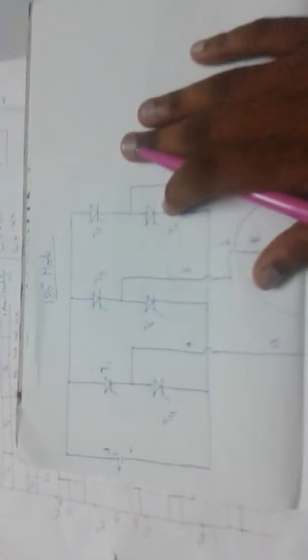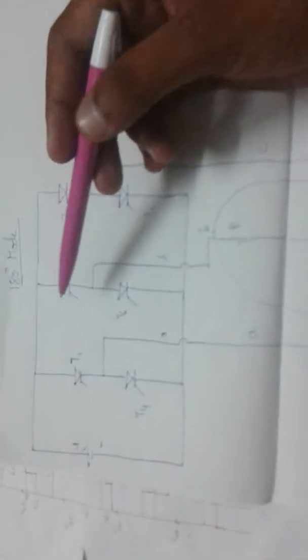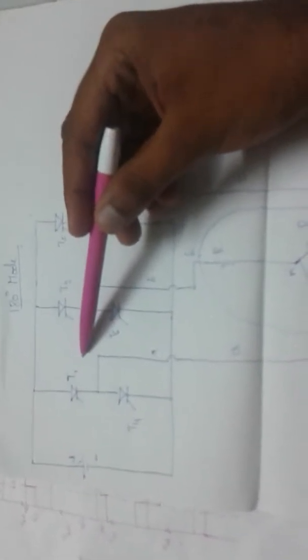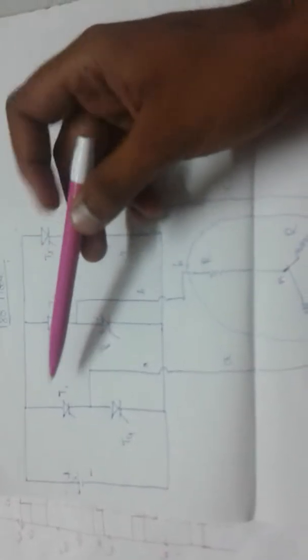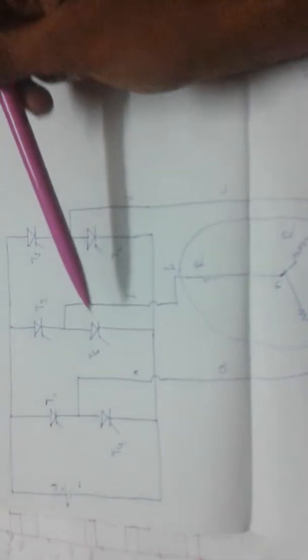Okay, now we are going to see the 180 mode of operation. Here is a circuit diagram. There are thyristors. Here is a resistive load, so there is no need of freewheeling diodes. So here is the sequence T1, T2, T3, T4, T5, T6.